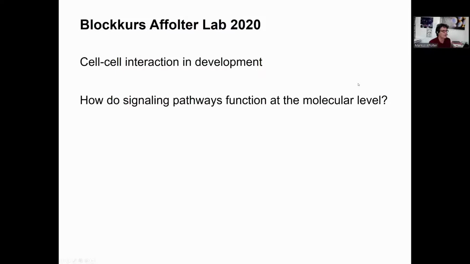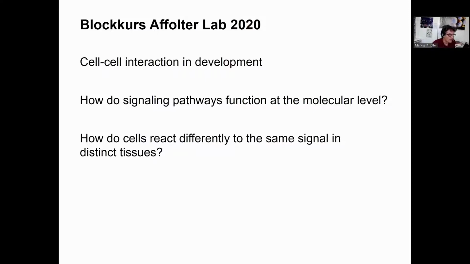So we have to look at cell-cell interactions, how signaling pathways function at the molecular level, of course. What are the molecules? How do they interact? How do cells react differently to the same signal in distinct tissues? As I said, there are maybe 7 different signaling pathways, and there are hundreds, if you consider the brain, thousands of different cell types.